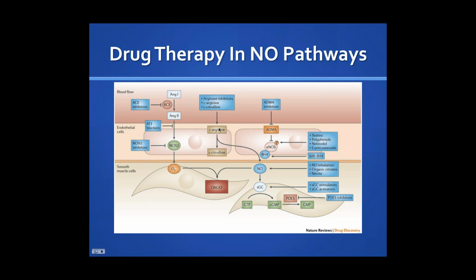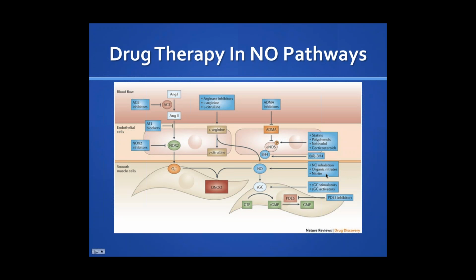They block this arginine pathway here. ADMA inhibitors can block it over here. Statins, polyphenols, etc., block this pathway here in the production of endothelial nitric oxide. Here's BH4 there. You can have organic nitrates, or nitric oxide inhalation can increase this pathway down here.